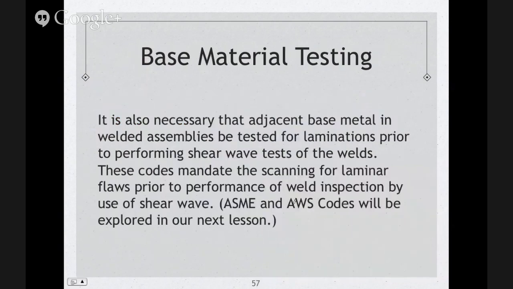It is also necessary that adjacent base material in welded assemblies be tested for laminations prior to performing shear wave tests of the welds. These codes mandate scanning for laminar flaws prior to weld inspections by the use of shear wave. ASME and AWS codes will be explored in the next lessons.